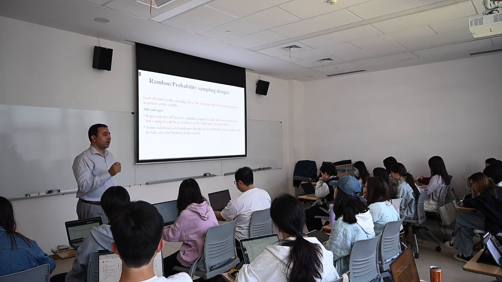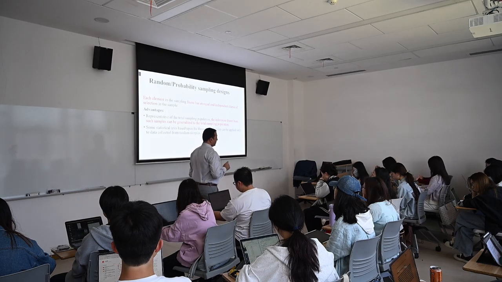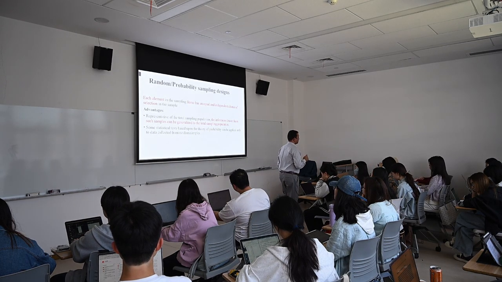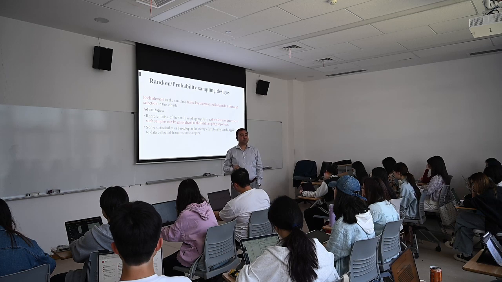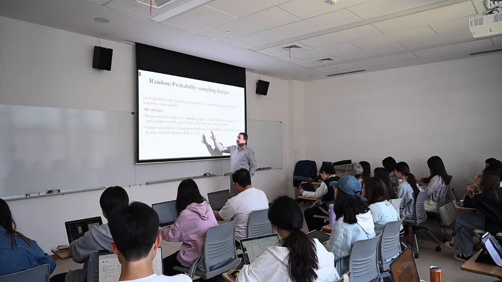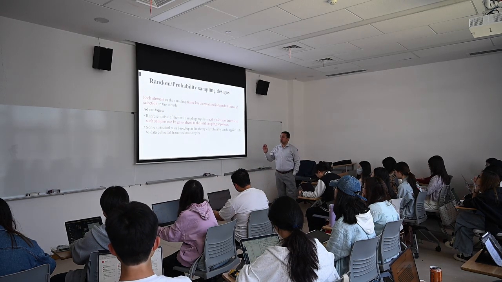Because here every respondent has an equal chance, and this equal chance is not affected by the selection of another respondent. What is the advantage? Number one, the biggest advantage is that it is representative of the total sampling population.